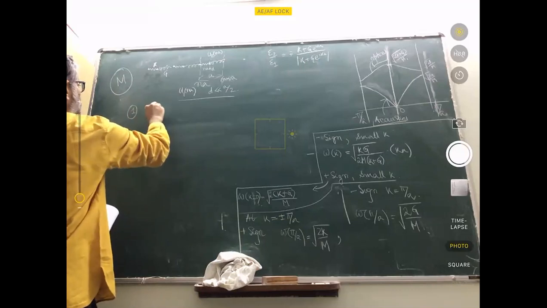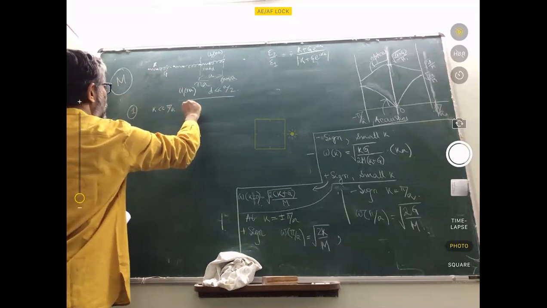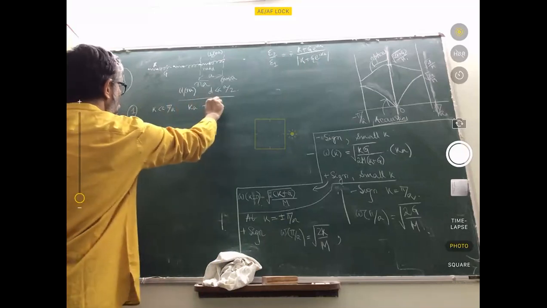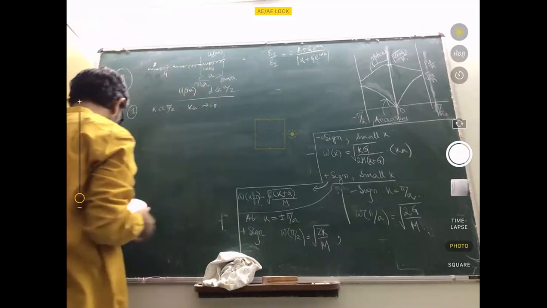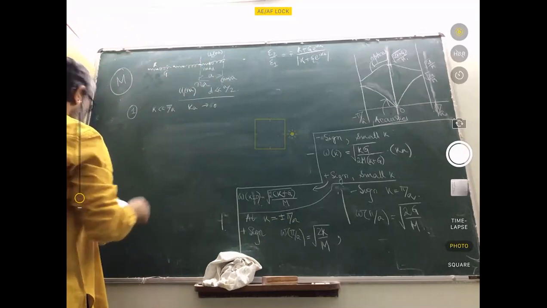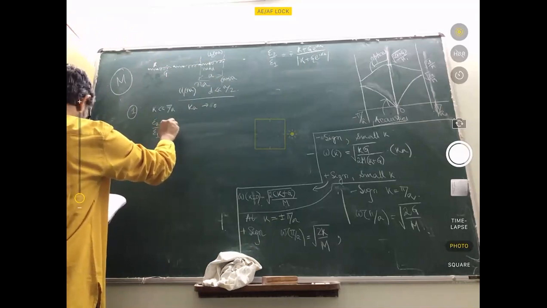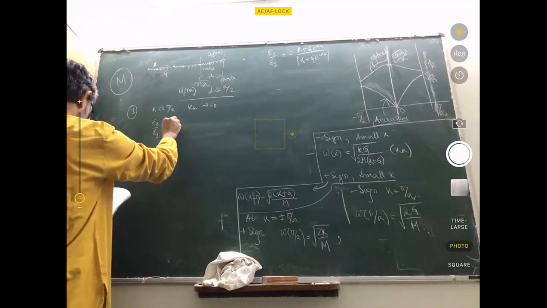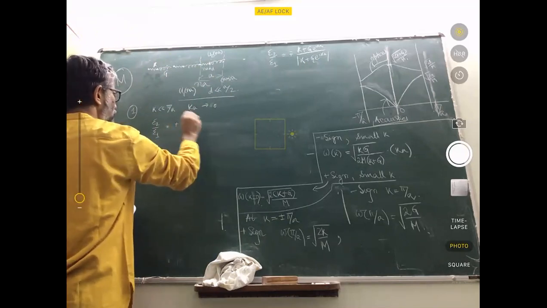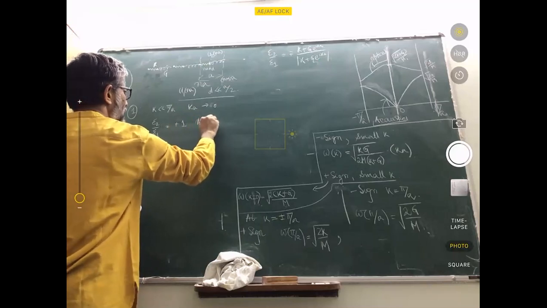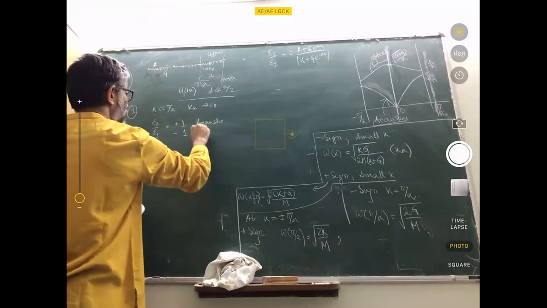So the first case we look at is when k is much less than, that is basically k going to 0, that limit. So here you will get epsilon 2 over epsilon 1 is +1 for the acoustic branch and -1 for the optical.